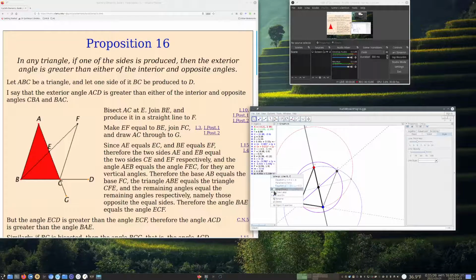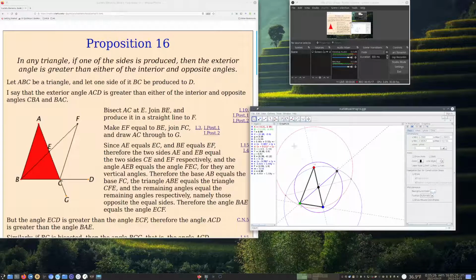And stop with the labeling. Okay. AC through to G.